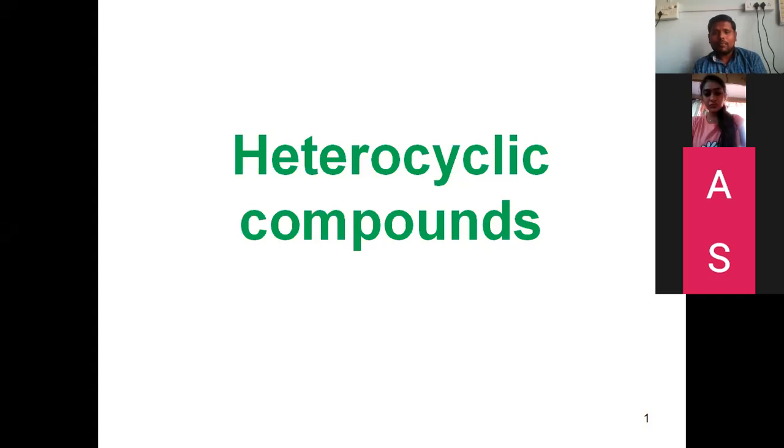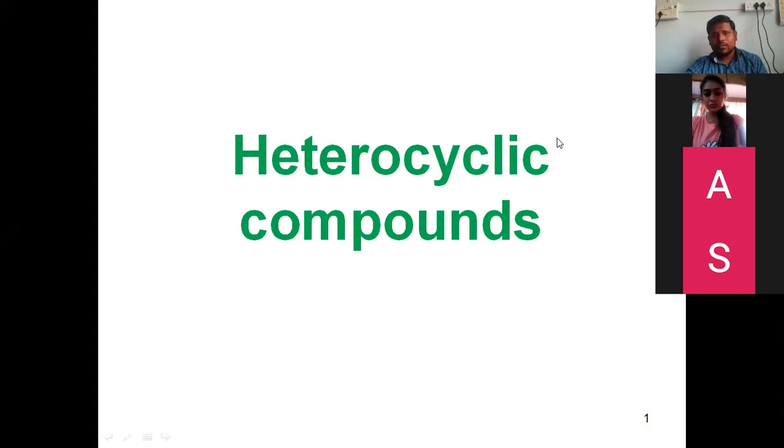If a compound has hydrocarbons along with nitrogen, oxygen or sulfur, any one or any number of heteroatoms in the molecule, this type of molecule is considered heterocyclic, because the word cyclic is there. Cyclic means the cyclic compound is there.